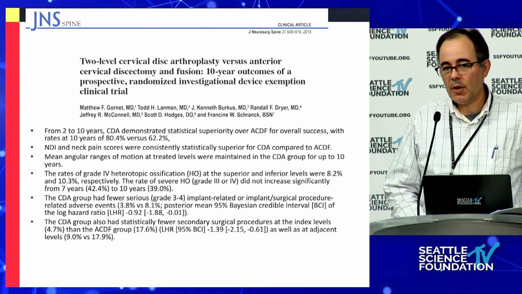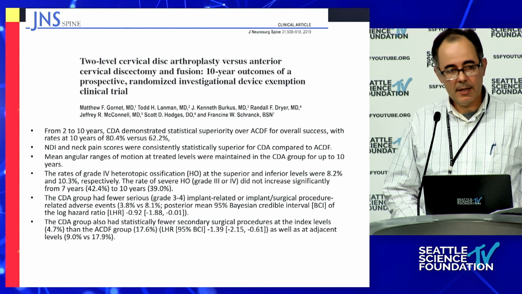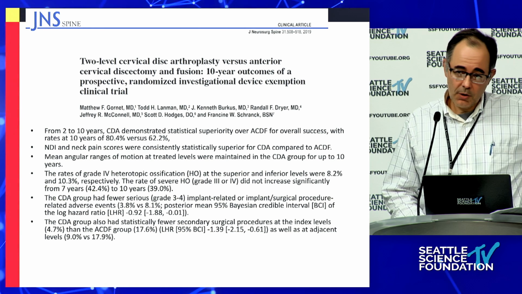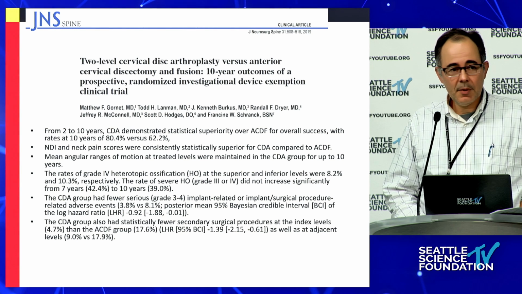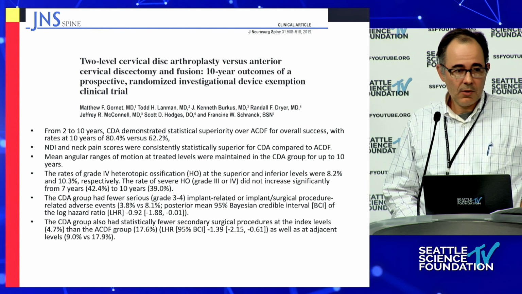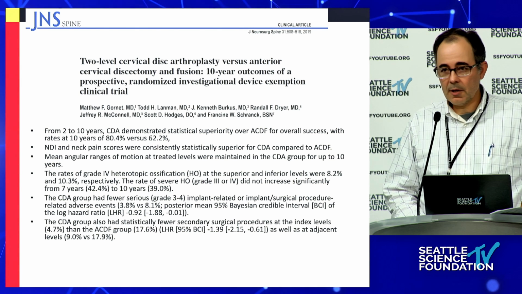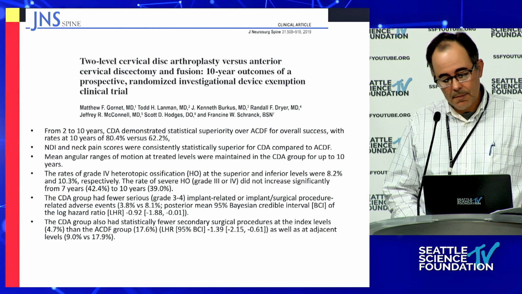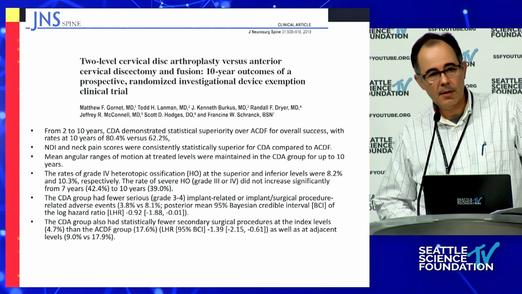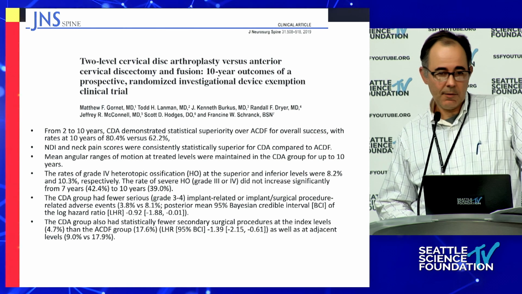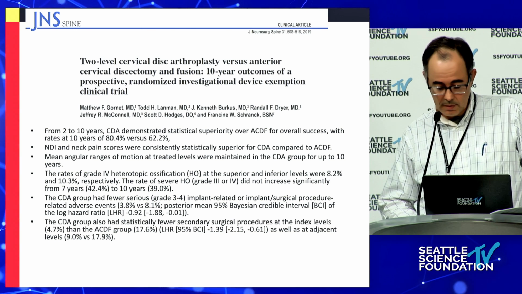So there have been quite a few studies that demonstrate this difference between fusion and arthroplasty, and these studies happen to be industry-funded studies. So that's often a critique of the arthroplasty literature, but it does make intuitive sense that maintenance of motion, when feasible, can have a positive impact on the adjacent segments, and that's exactly what the papers show.